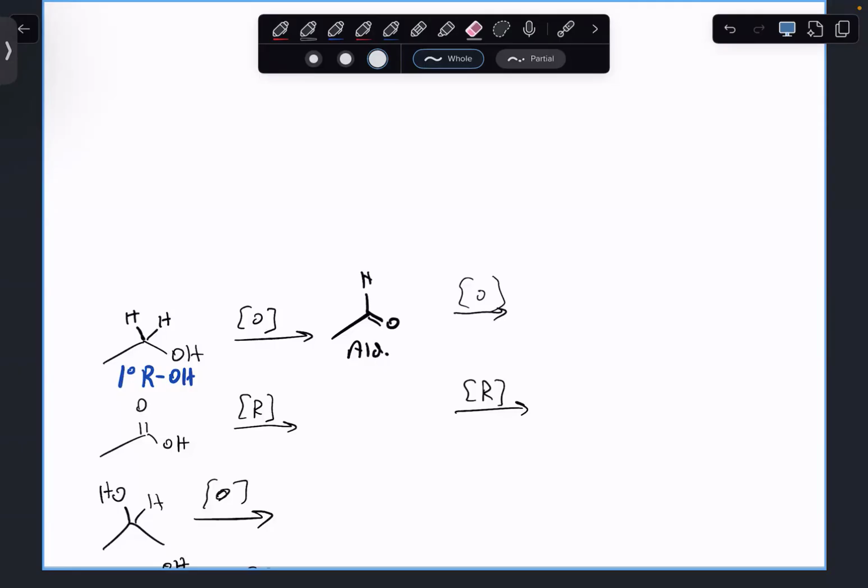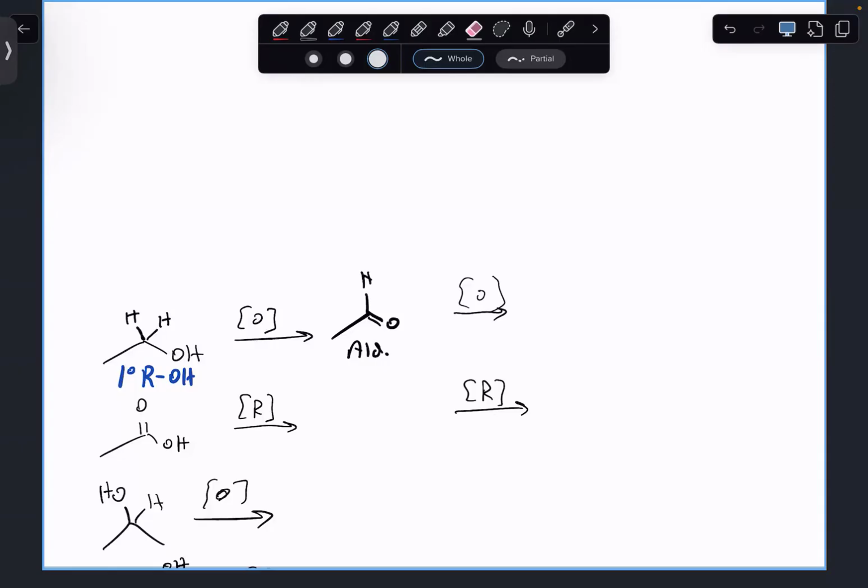But sometimes I think it's easier to just look at the hydrogen. Here we've got 2 hydrogens. Here we've only got 1. A loss of hydrogen is also oxidation. Now, we can oxidize that aldehyde even further.